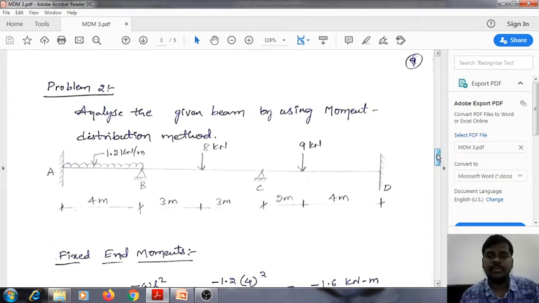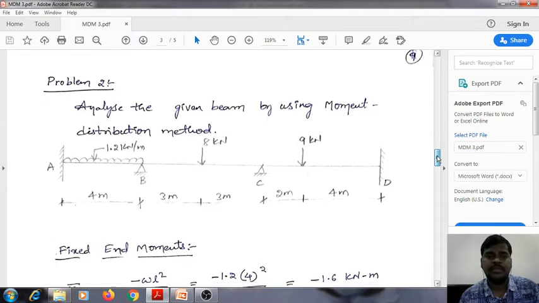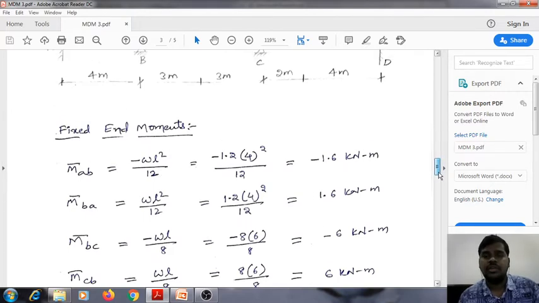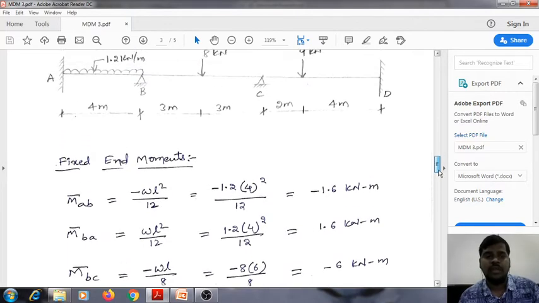So the first step is to find the fixed end moments, that is M bar AB. We have minus WL square by 12. This is already shown in the previous videos, the formulas.